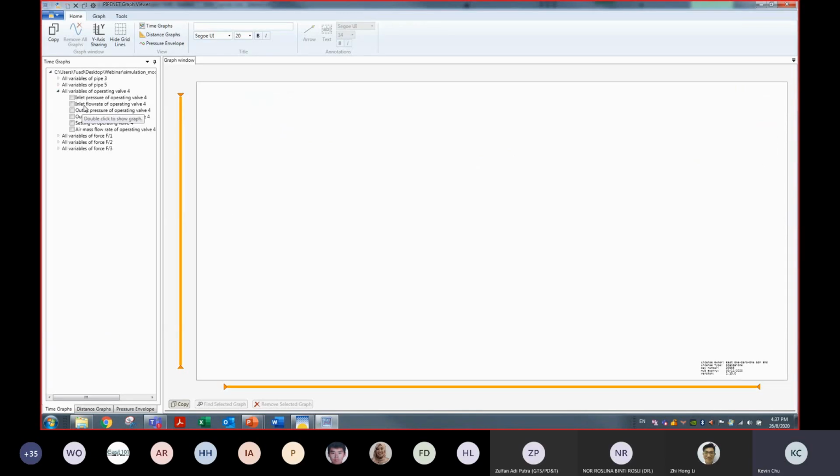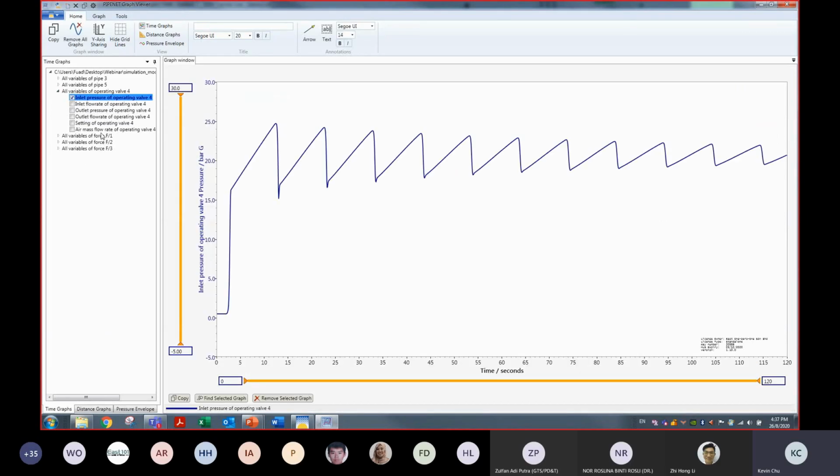Let's first look at the inlet pressure of the operating valve. You can see that after the valve is closed, the pressure at the inlet of the valve will increase momentarily to a maximum pressure of 24 or 25 bar gauge. Later, it will have some sort of pressure wave that oscillates at the inlet of the valve.